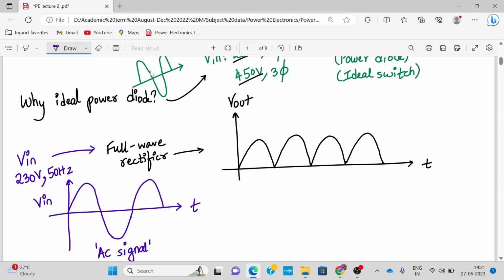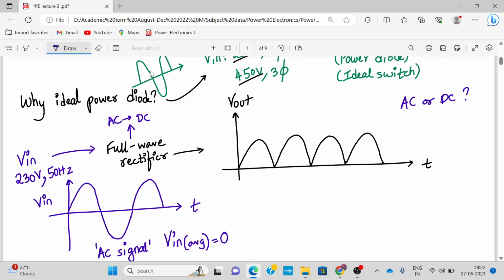If I find the average value of this input sinusoidal AC signal, V in average, its value is 0. So mathematically, any periodic signal whose average value is 0 can be categorized as an AC signal. Now a full wave rectifier has the job of converting an AC signal into a DC signal. But the waveform you see over here, is it an AC or a DC signal? Think about it.